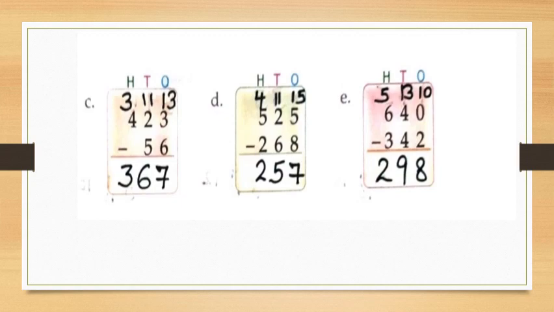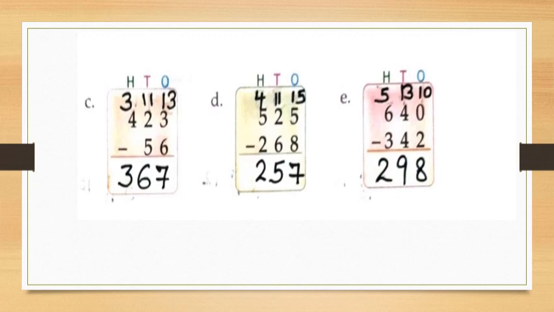Now children, let's do the next part, D. Here you have to subtract 268 from 525. Children, first we will subtract the ones. So you have to subtract 8 from 5.